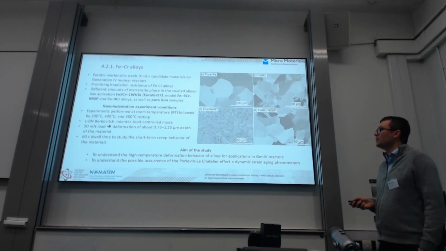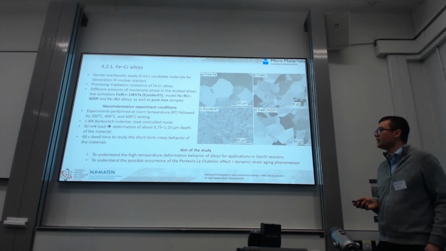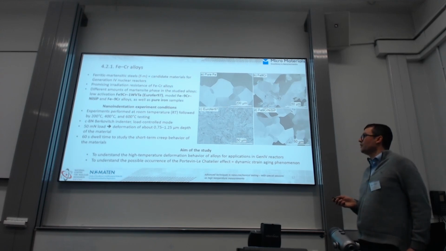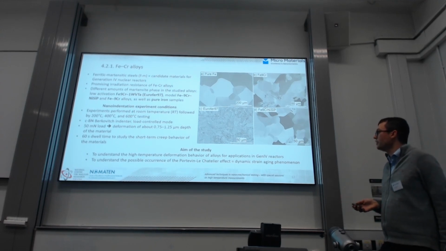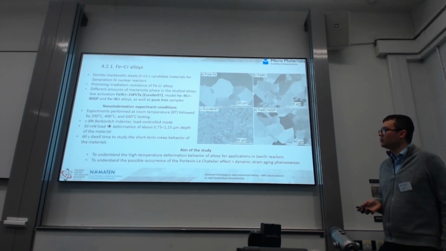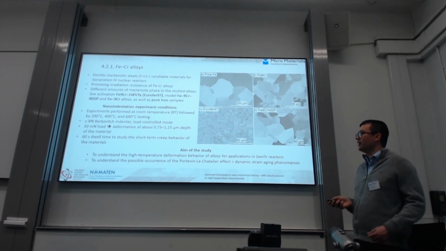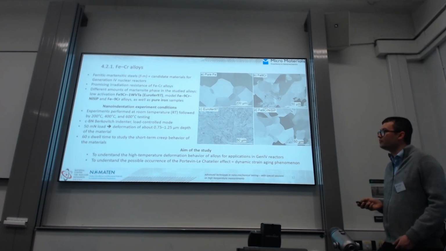The main objective of this work was to understand the high temperature deformation behavior of these alloys. It's also to evaluate if there are, at some temperatures, dynamic strain aging phenomena, also known as the Portevin-Le Chatelier effect, which can modify the mechanical properties at this temperature.